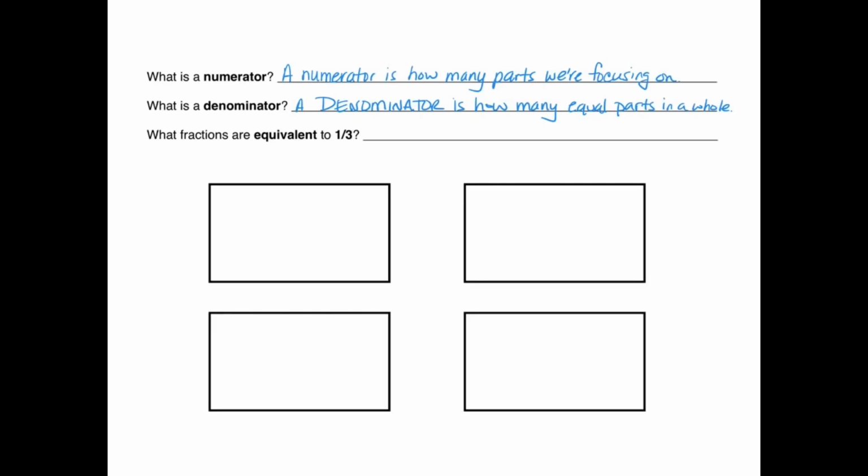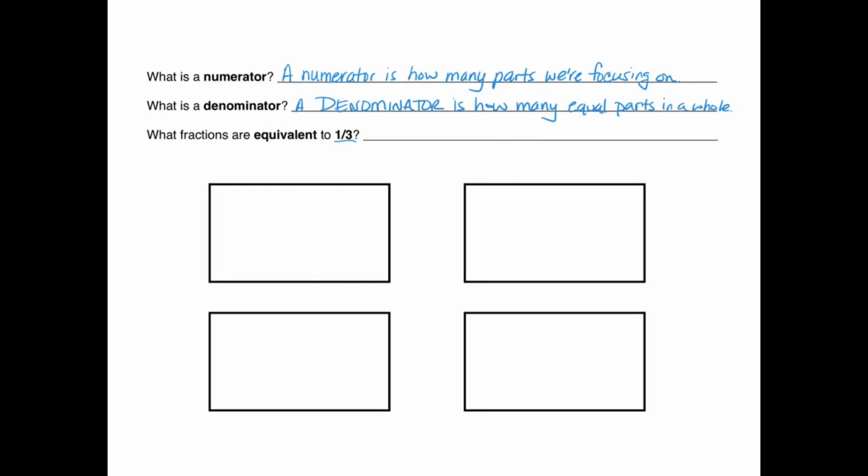All right, so make sure you are now on the page that says 1/3 right here. And we are going to go ahead and write these in a second time because that'll help get it into your head. So go ahead and hit pause, and you can write in a numerator is how many parts we're focusing on. A denominator is how many equal parts in a whole.